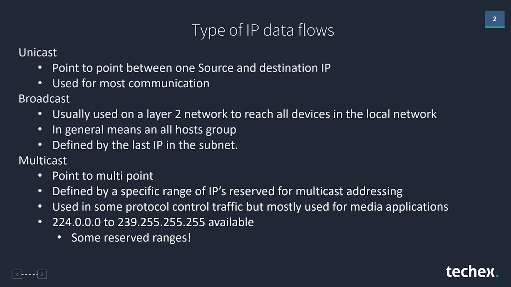Basically it means an all-host group in multicast terms. It's usually defined by the last IP in the subnet range, and you send traffic towards that, and in theory it should be flooded by a switch and accepted by all of the relevant devices in the network. They'll then process it and do whatever they want.